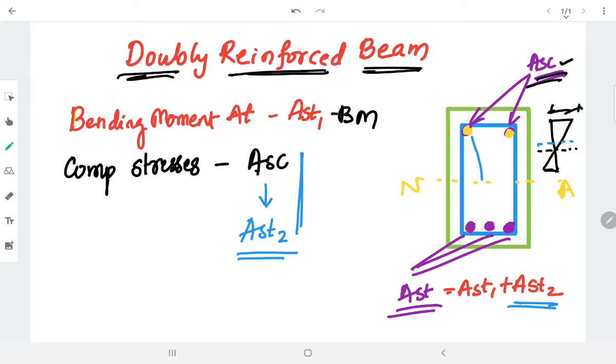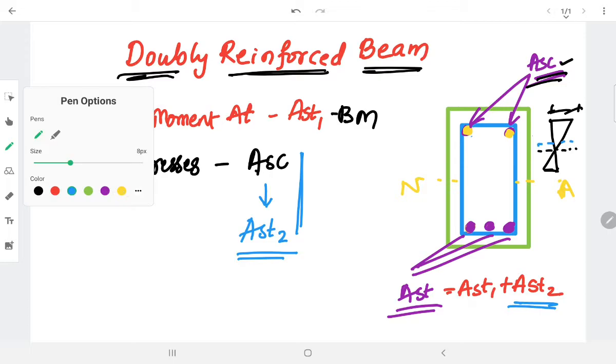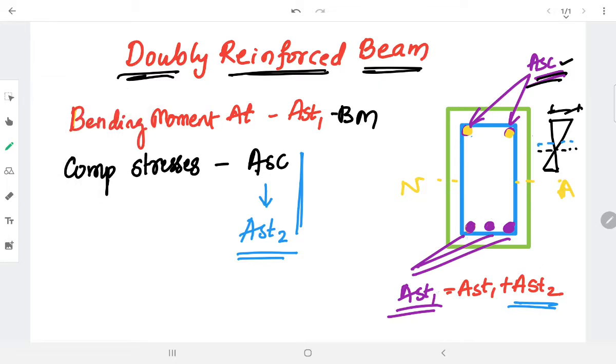For example, I'll show you. These are the two reinforcements, Asc, and this is to resist. For example, this is Ast1. The total Ast is Ast1 plus Ast2. If I think that these three reinforcement bars are Ast1, and we have two bars at the top, I am going to provide another two reinforcement bars, that is Ast2.